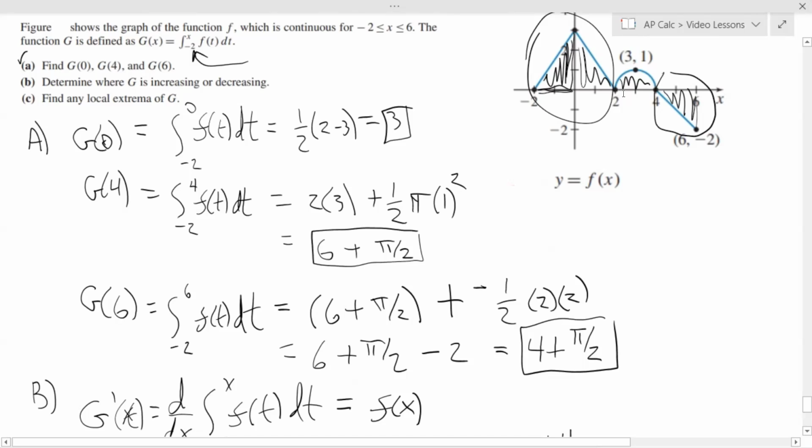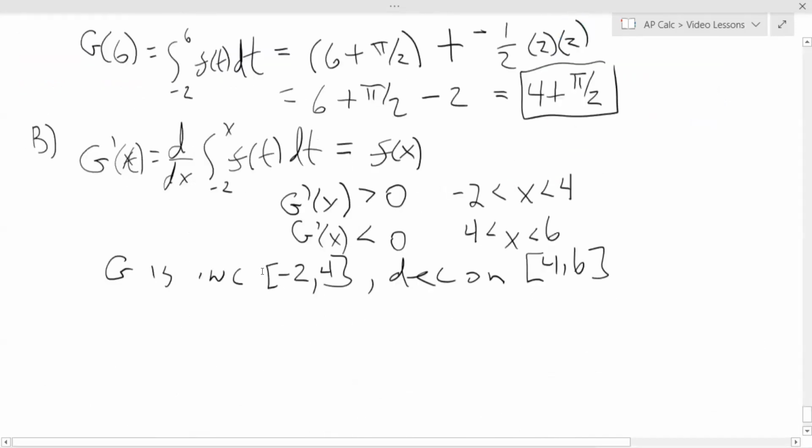So x equals 2 and 4 would be our only critical numbers. At 2, the graph doesn't change sign, since it's the graph of f, which is the derivative of g. You don't have any relative extrema there. The only one you have is at 4. And since the derivative changes from positive to negative, you have a relative extremum. Okay, in fact, you have a relative max at that point.